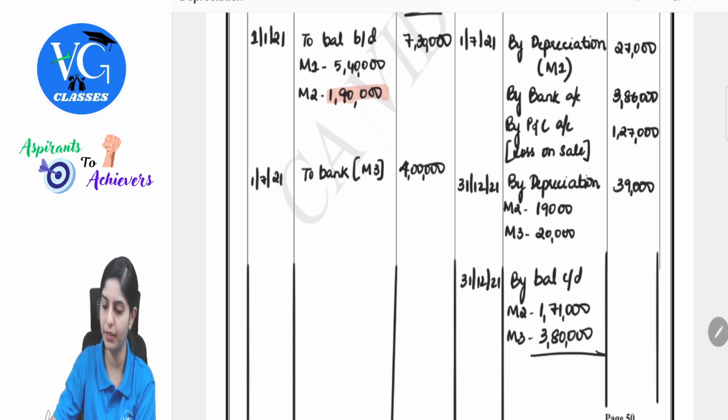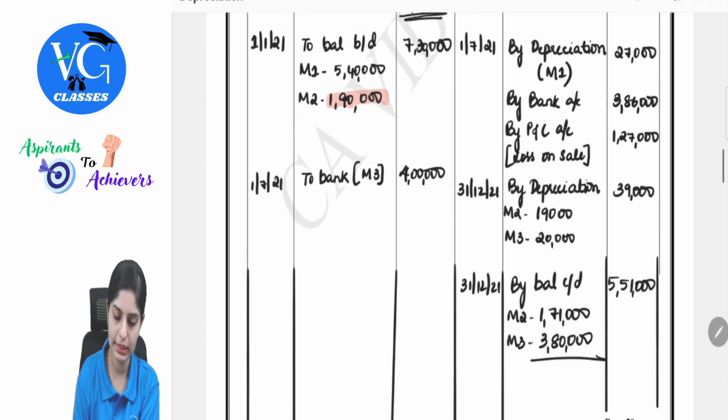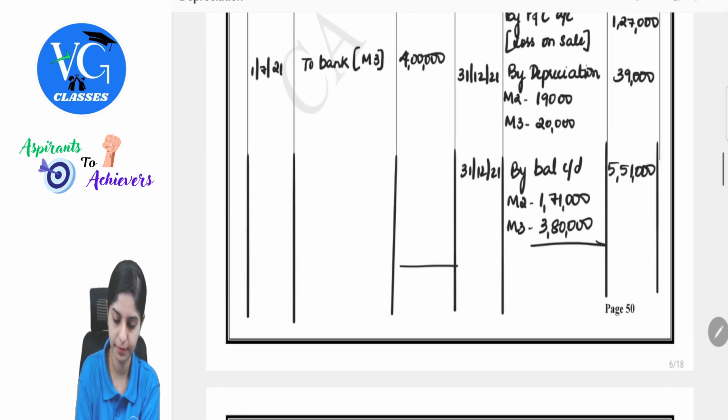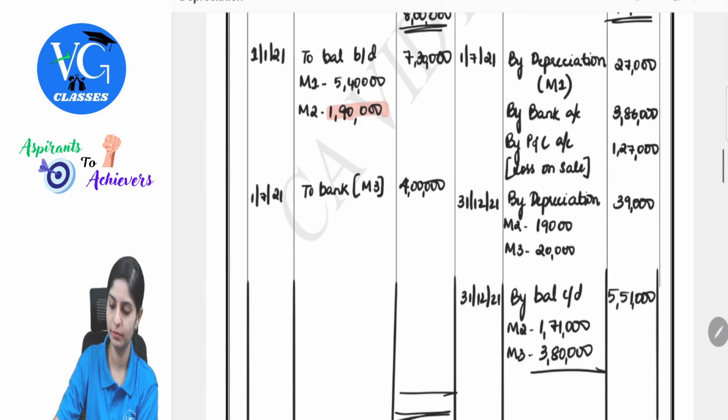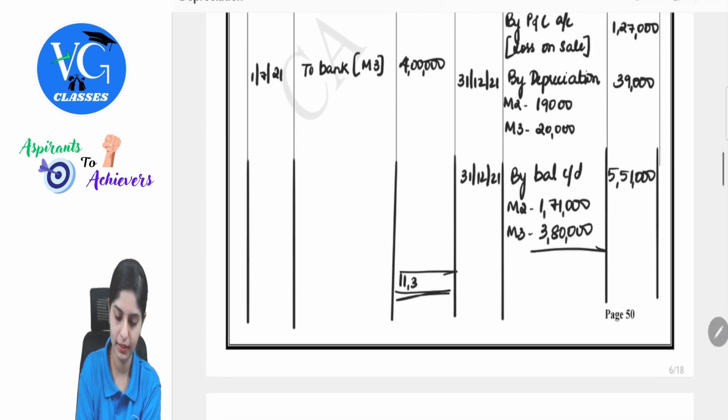Plus 1,71,000, 5,51,000. So let's close the ledger. 11,30,000, 11,30,000.